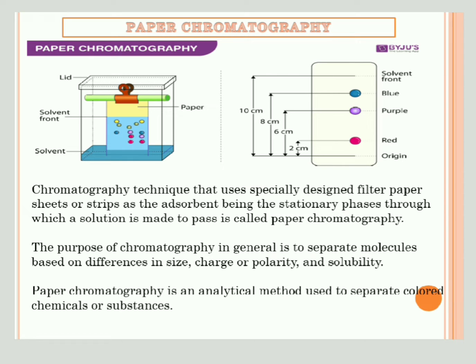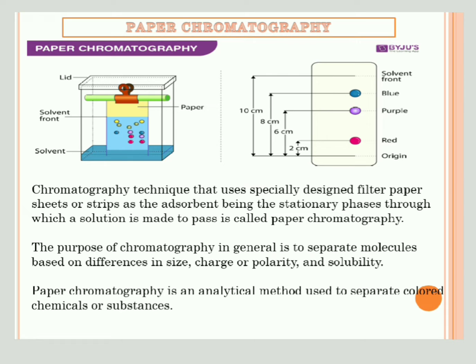It is a technique in which we use specially designed filter paper or strips as the adsorbent. Here the stationary phase is the paper, through which a solution is made to pass.